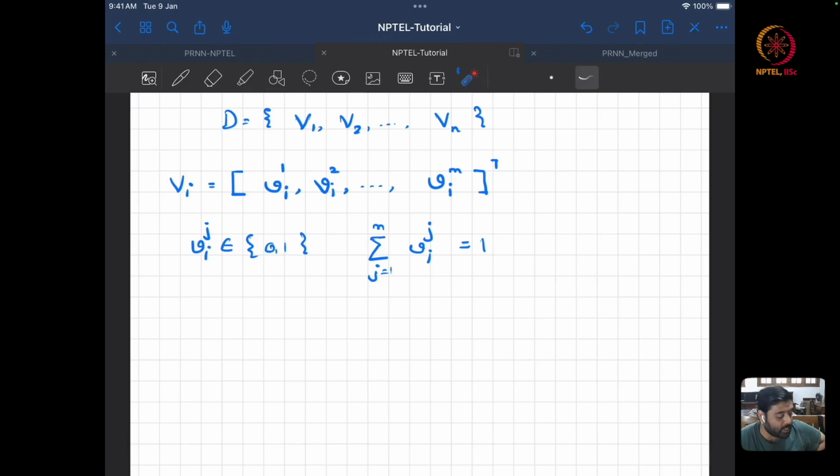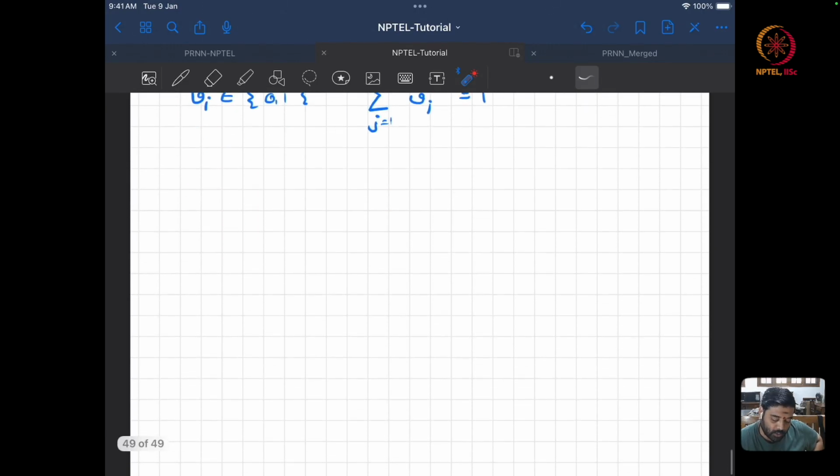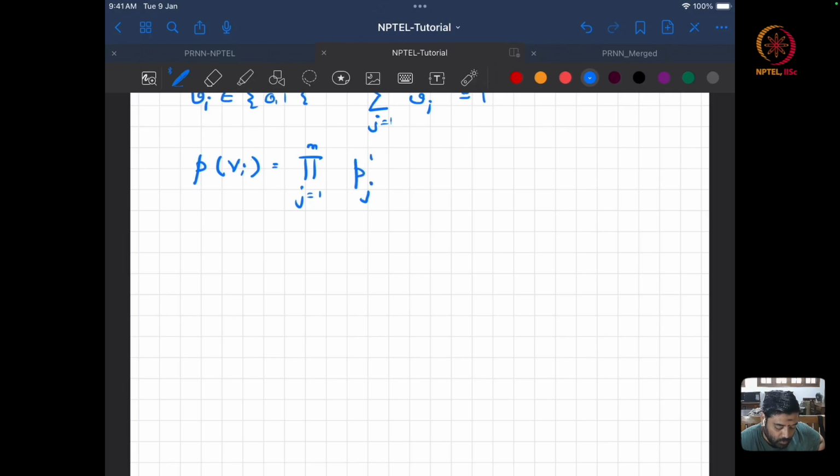Okay, I'm maintaining that notation now, because of which my mass function for a specific instance Vi will be a product, j equal to 1 to m, of pj to the power of vij.